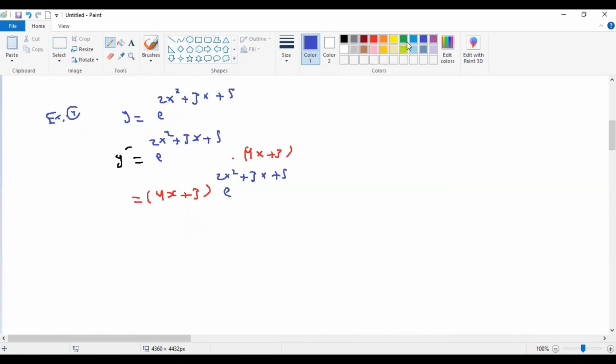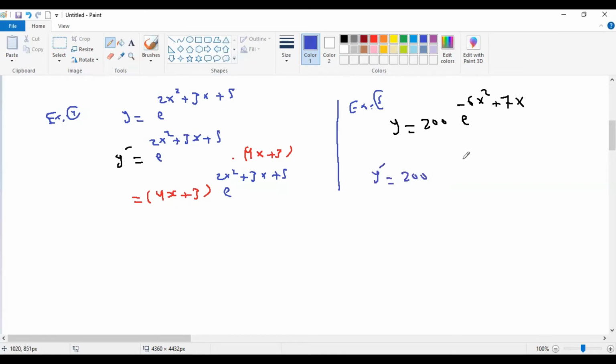Another example. See, example number 5. y equals 200 e to the power minus 6x squared plus 7x. So the derivative, y prime, is equal to 200, which is a constant, so rewrite it.